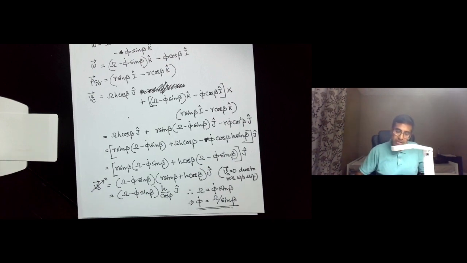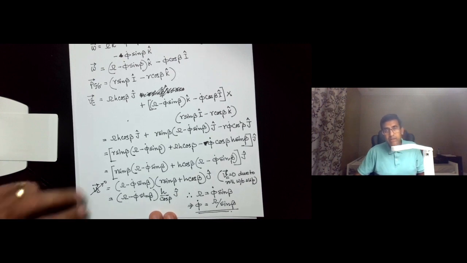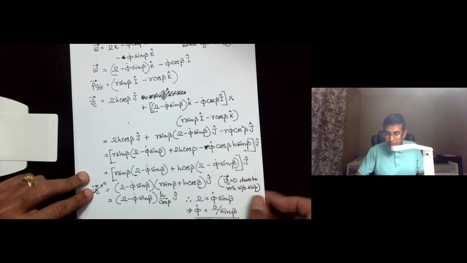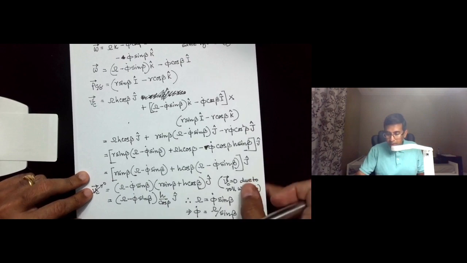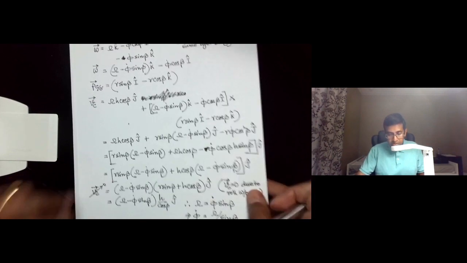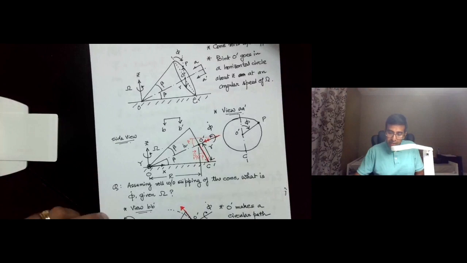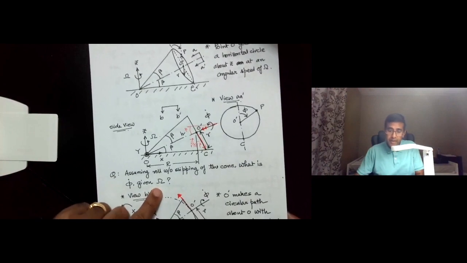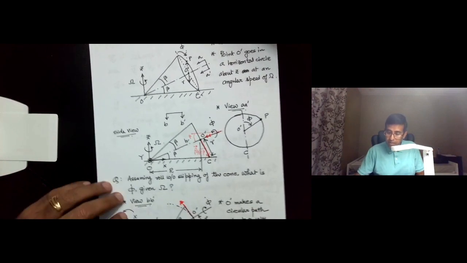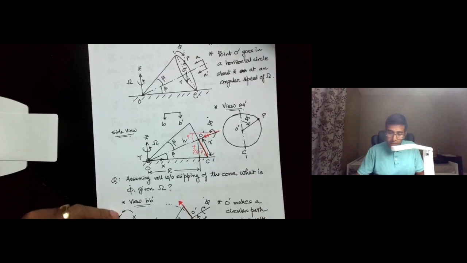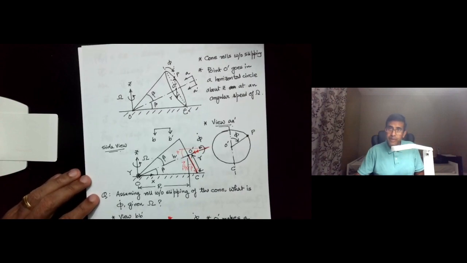So this is the relation that we wanted to find out, and by using the rotating reference frame, we have been able to show in a structured formal manner that indeed the angular velocity phi dot can be related to omega by phi dot being equal to omega divided by sine beta.